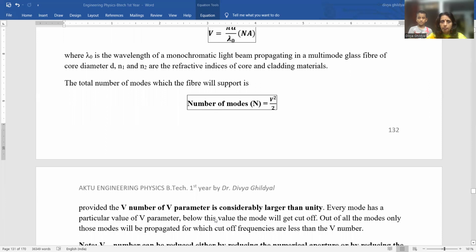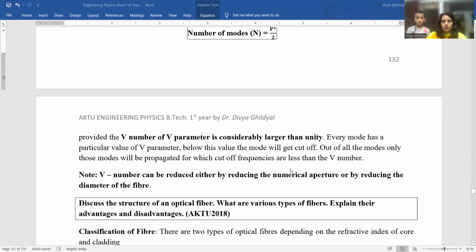The total number of modes that one fiber can support is equal to V square upon 2. These numerical values are required when we design an optical fiber. So the V number, V parameter, is larger than unity.